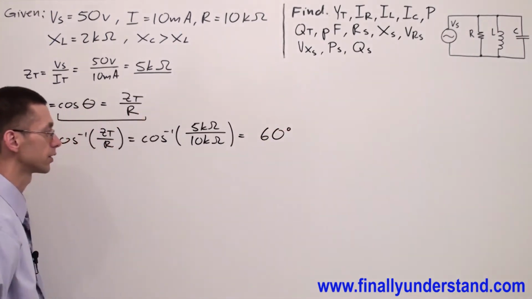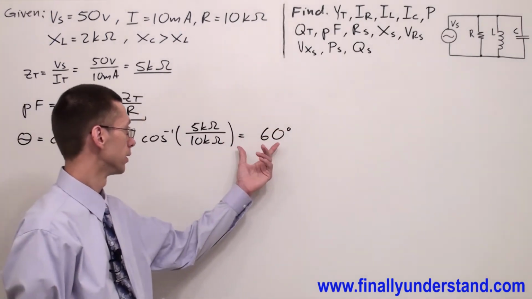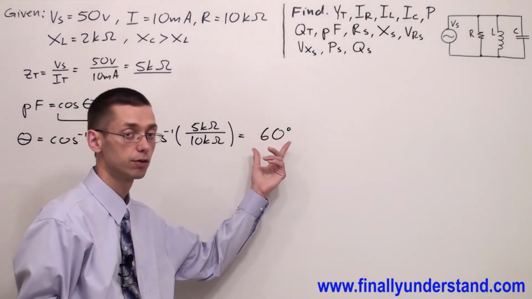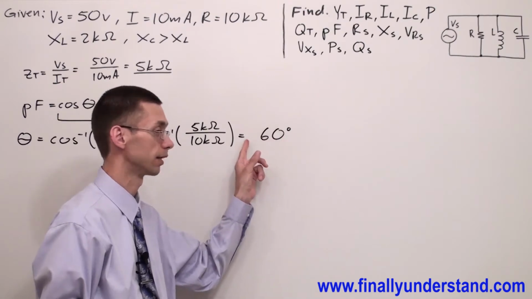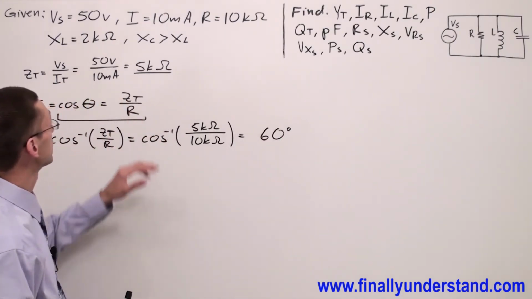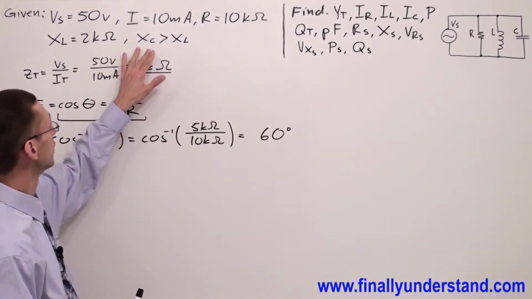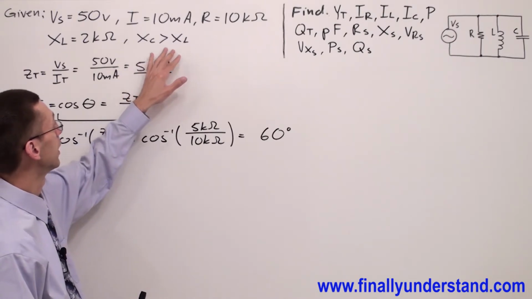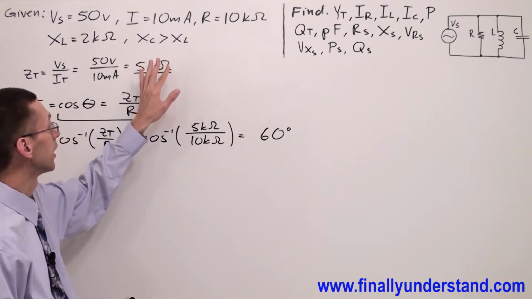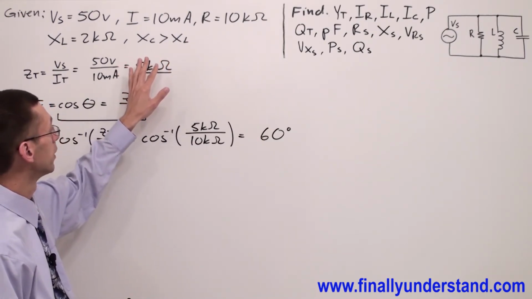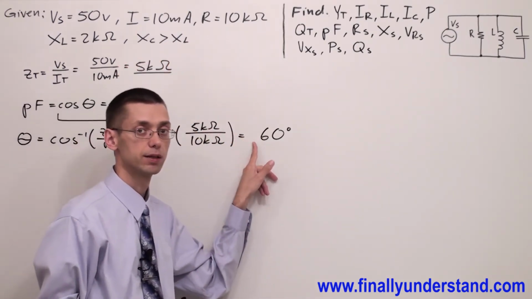Someone is going to ask what angle I'm supposed to have. I mean positive or negative, because I know already the number, but I have to find the sign. So let's take a look what is given. X of C is greater than X of L. So it means that our angle is going to be positive.